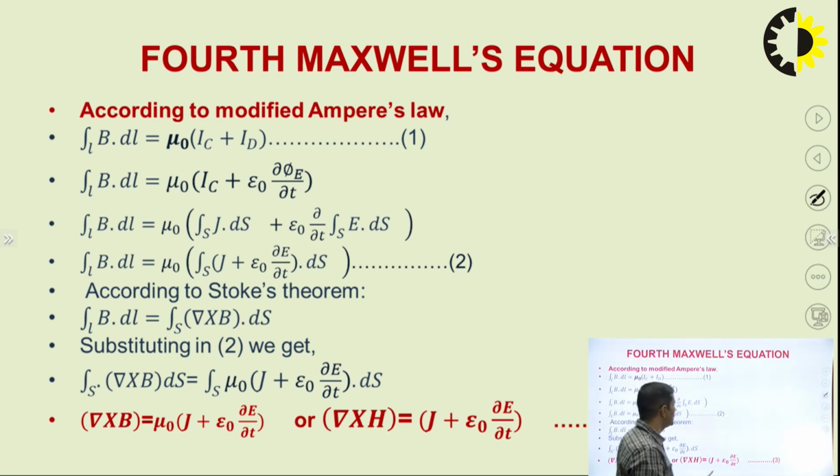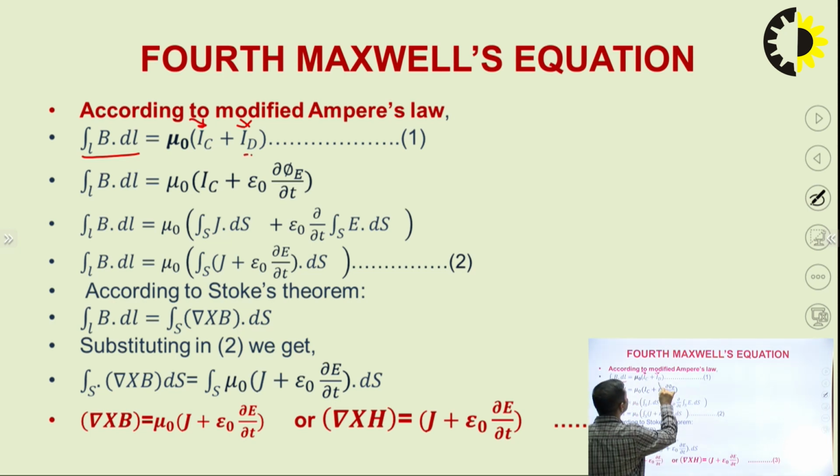So to discuss Maxwell's fourth equation, we write down the modified Ampere's law, which is the integral of B dot dl over a closed curve C equal to mu naught times (IC plus ID). Here IC represents the conduction current and ID represents the displacement current.